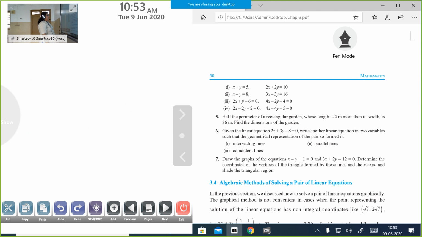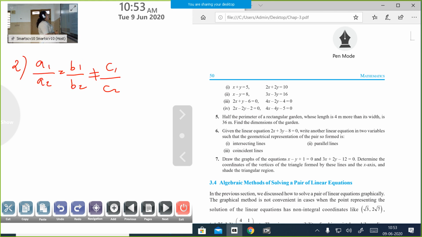Then the second question: parallel lines. What is the condition? If the lines are parallel, a1 by a2 is equal to b1 by b2, that is not equal to c1 by c2.